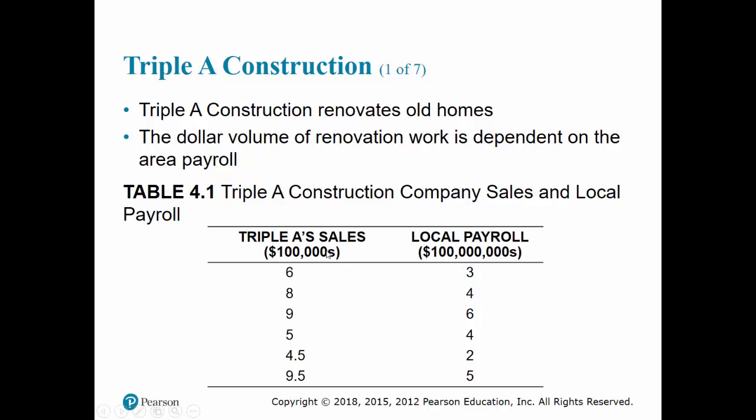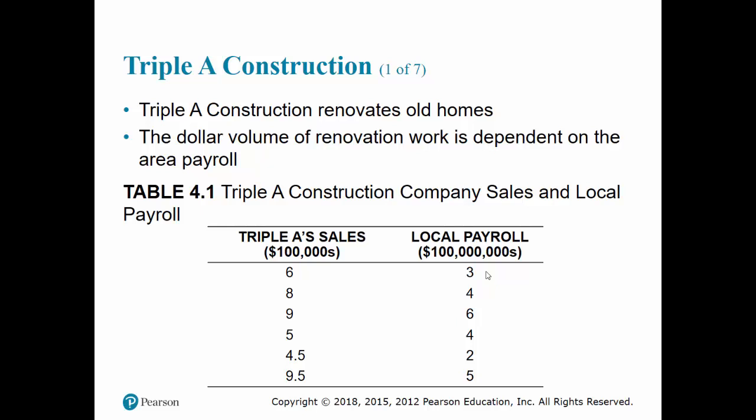Obviously, we want to use local payroll to predict what the sales will be. We want to forecast sales based on payroll. This is an important point because you have to make sure that you make the selection properly. If you identify the variables backwards, then the whole analysis is going to be wrong. So you need to think about this critically.